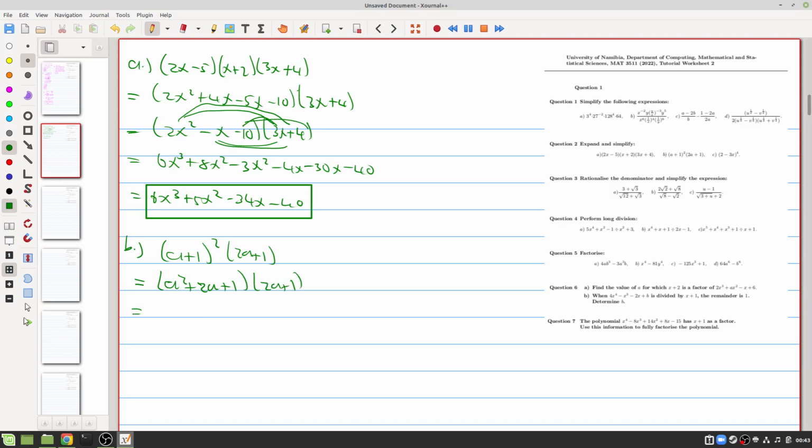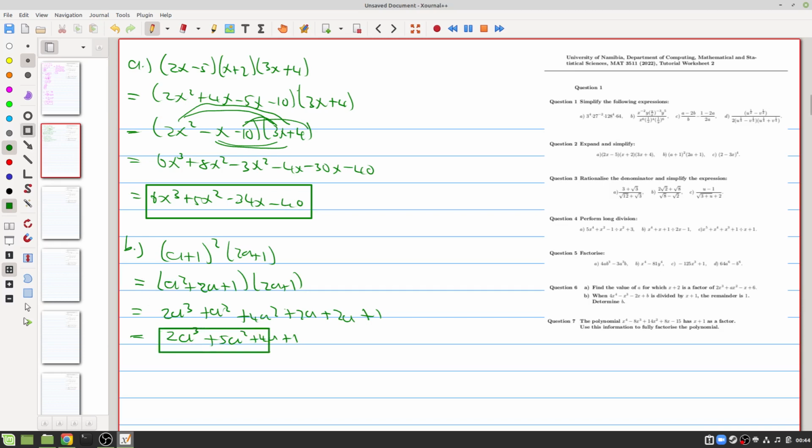Everything in here multiplied with everything in there gives us 2a to the power 3 plus a squared plus 4a squared plus 2a plus 2a plus 1. Then collecting our like terms, 2a cubed plus 5a squared plus 4a plus 1. And that's our answer.